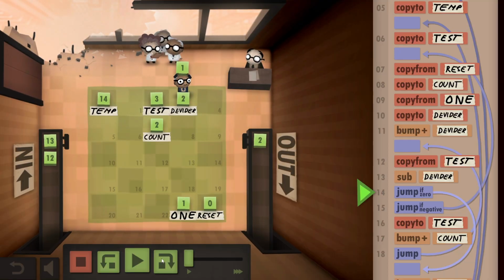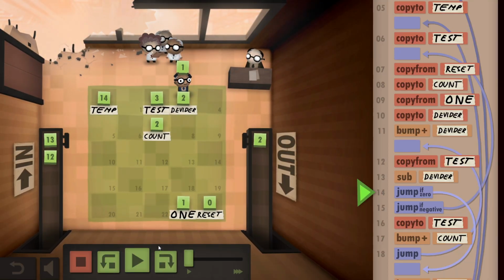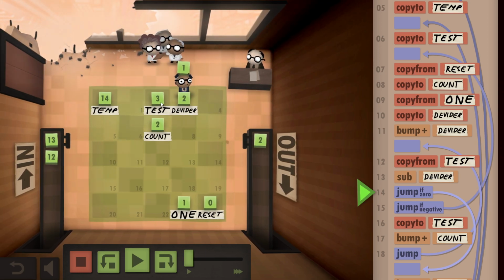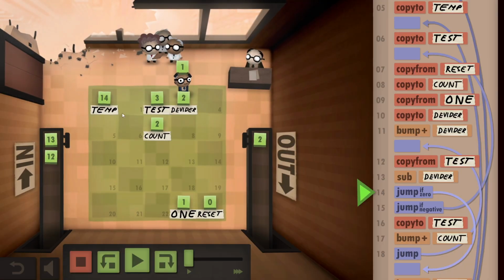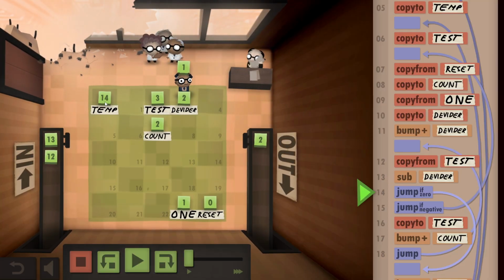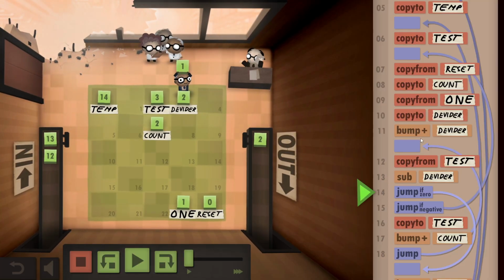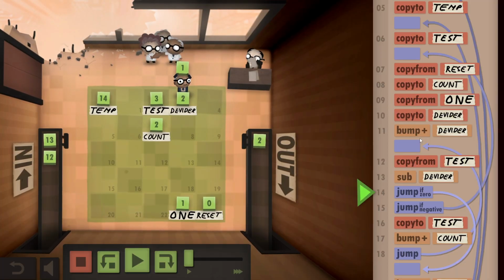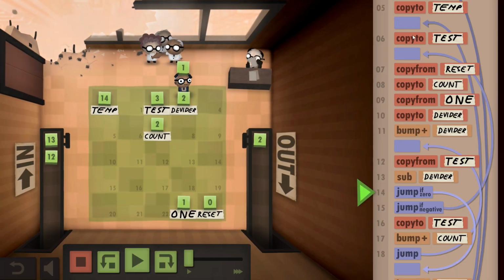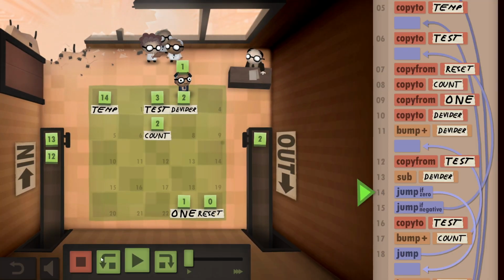I'm not gonna get 7 here, because we have 3 and we don't have reset. Okay, my mistake. We should put those back. And I need to do above this, not here. We need to put it on temp.